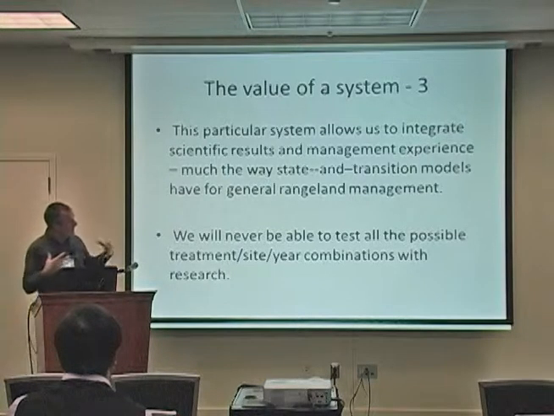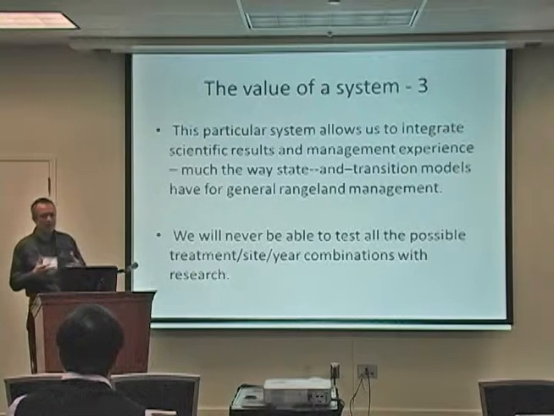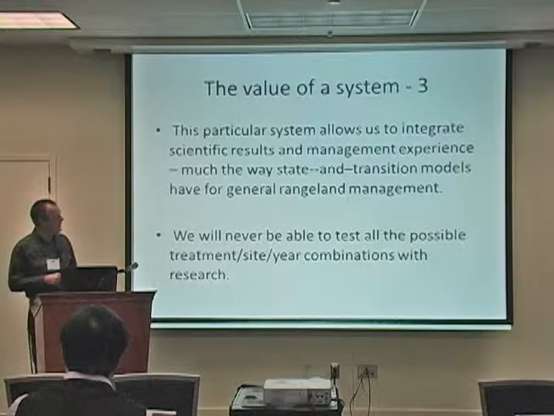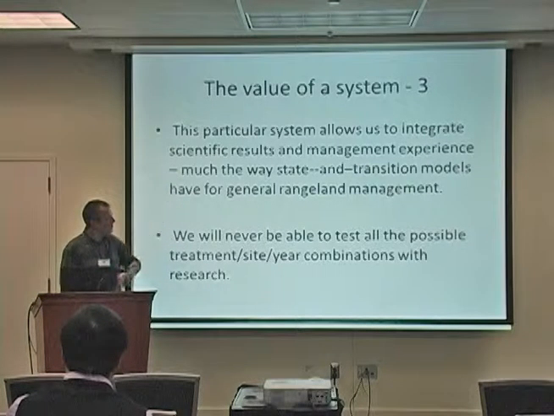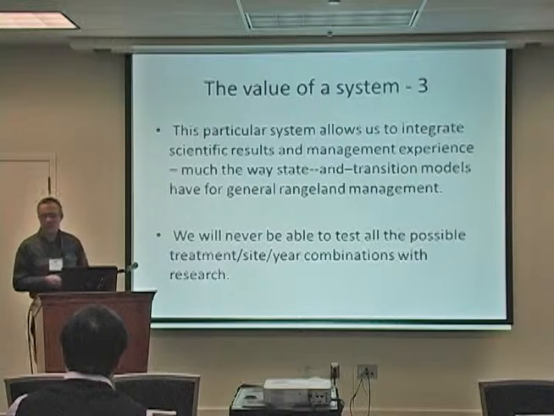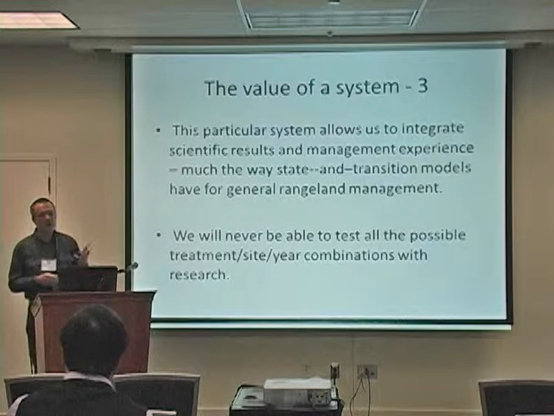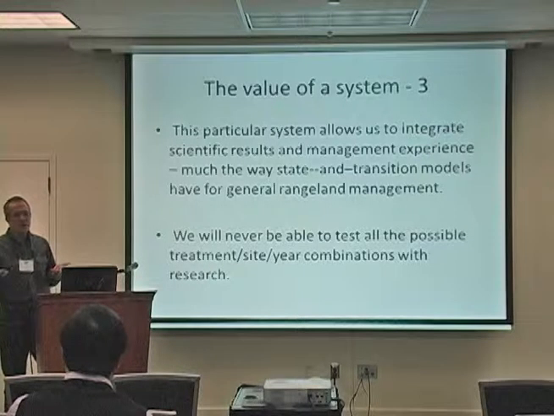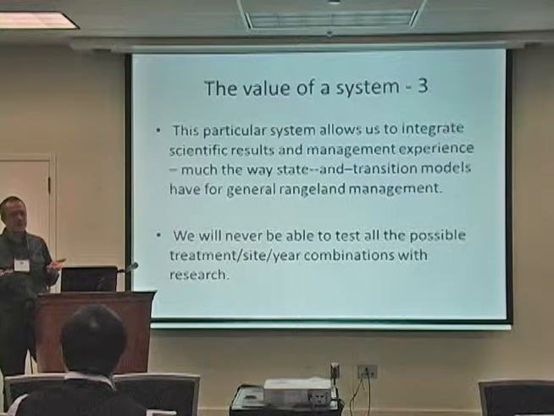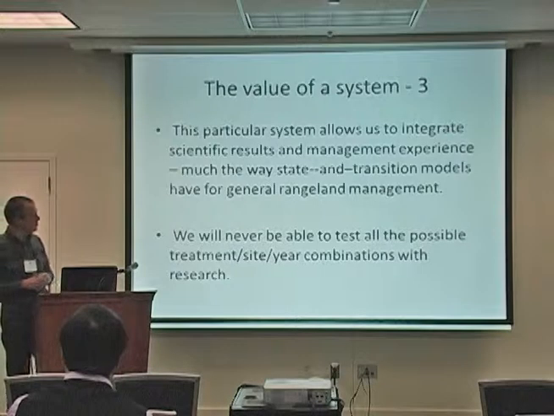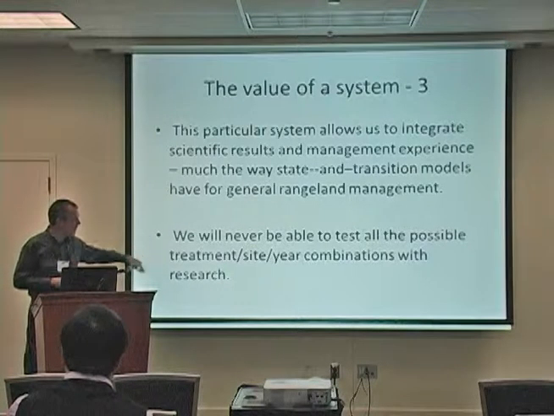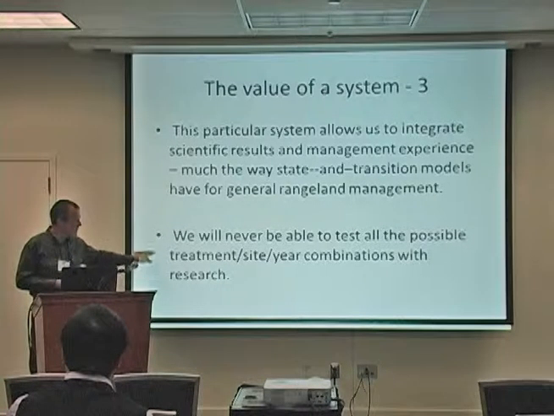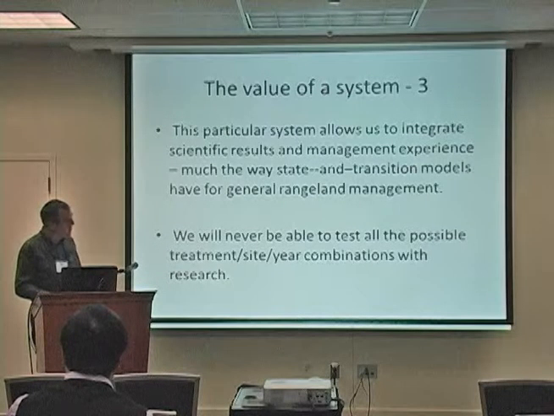So combining those experiences is going to be important, and I think having a conceptual model helps with that, much the way the state transition models have functioned in general rangeland management. That was a way where if we didn't know about a transition from one plant community to another, we could use management knowledge to draw in what that transition would be. We'll never be able to test all possible treatments and combinations with research. We just won't.